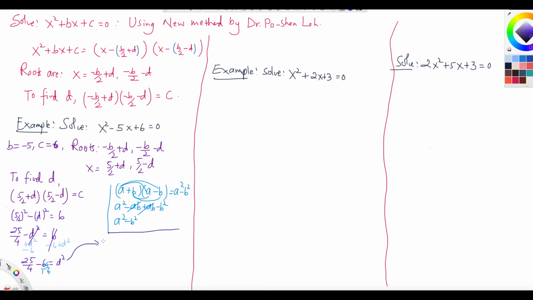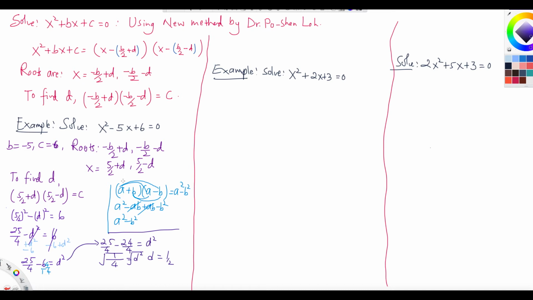So that makes 25 over 4 minus 24 over 4 equals d squared. So you write down 4, and 25 minus 24 is 1, so 1 over 4 equals d squared. Take the root. What do you get? d equals 1/2, right?